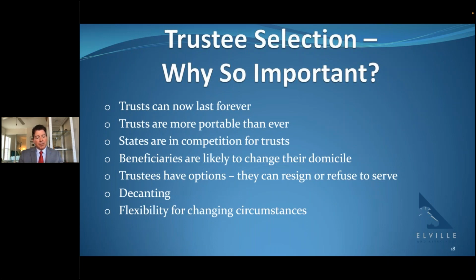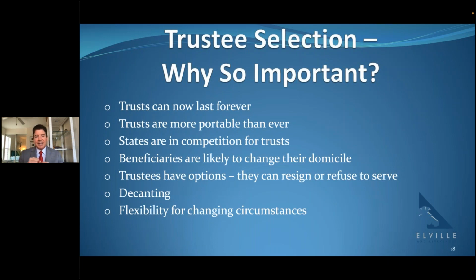And we need flexibility. Decanting is the ability to actually change a trust from one form to a completely new form, not just to amend a trust, but to change it altogether. That's a shocker to some of you, but the decanting world does exist. Maryland has a new decanting law that's going to go into effect in October, but some of our surrounding states like Virginia and Delaware have very aggressive decanting laws.